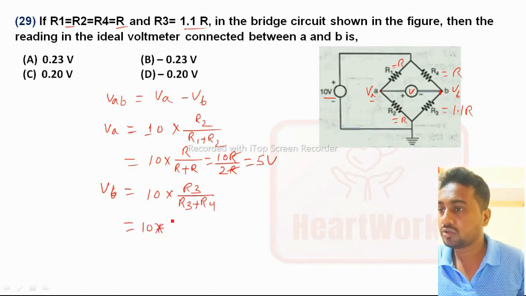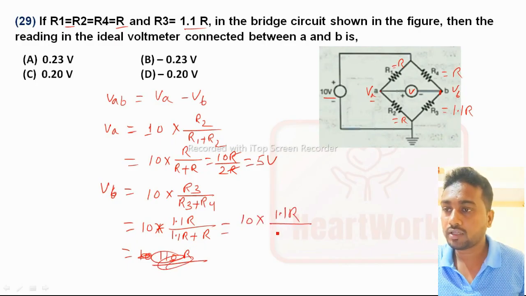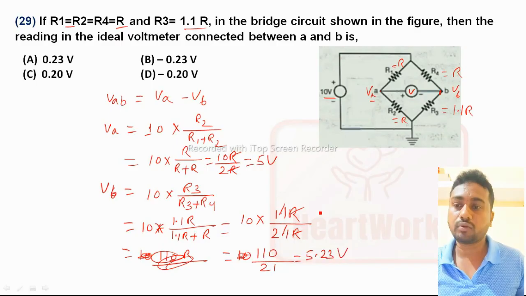R3 is 1.1 R, divided by 1.1 R plus R4, which is R. So this is 10 into 1.1 R divided by 2.1 R. R and R cancel, so we can write 110 divided by 21. If we calculate, it will come 5.23 volt.